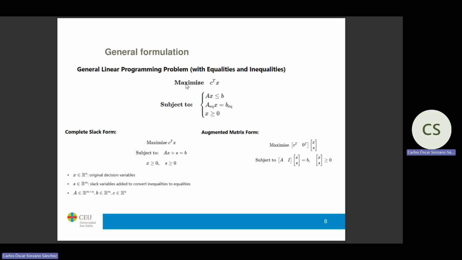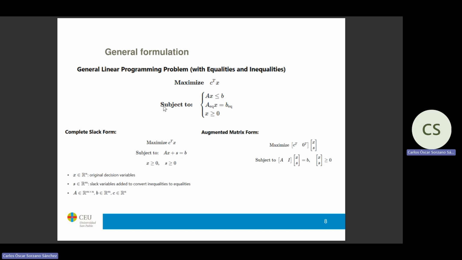Here we have put it as always a maximization problem, but you can convert a minimization problem into a maximization problem simply by multiplying by -1. So there is no problem with that. Then some constraints, and the constraints are always non-negativity for these variables, and then equality constraints and inequality constraints. And this is the general problem.